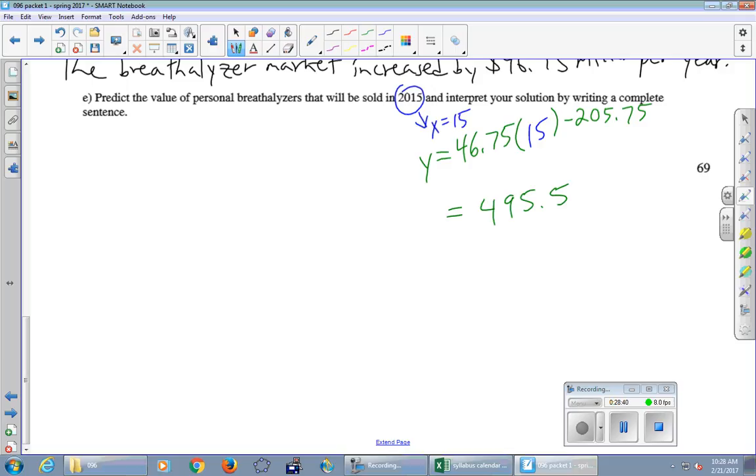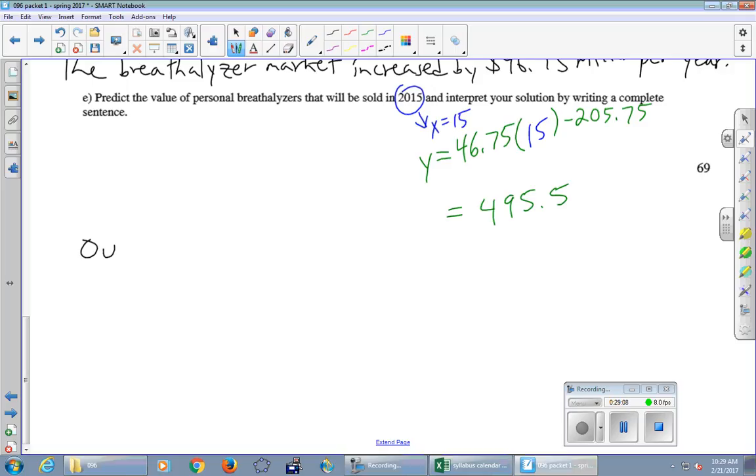Okay, so we just have to write our sentence. That's 495.5 what? $million, right? And it's supposed to represent the value of the market in 2015. Can we say concretely the value will be 495.5 million? No, this is just our prediction, right? We're assuming everything is linear, then yes, this is right. But we should get the word predict in there.